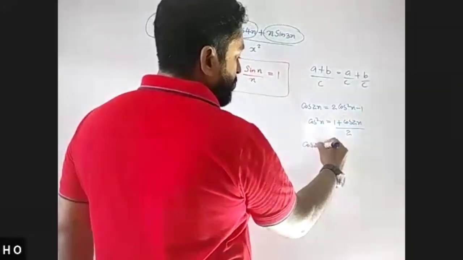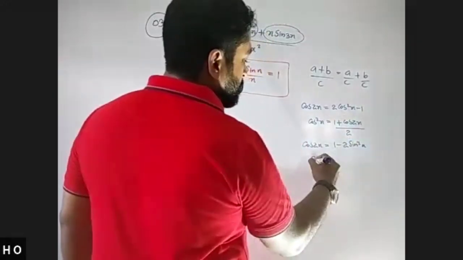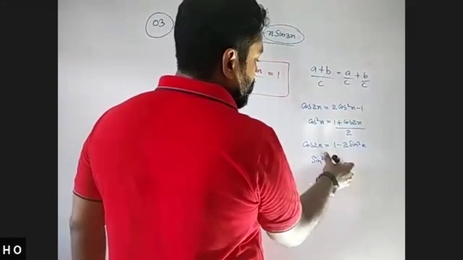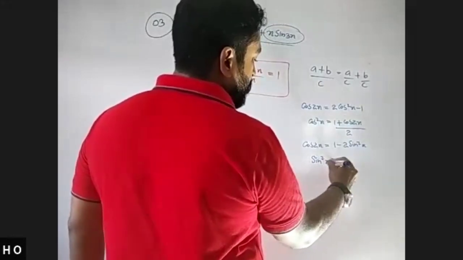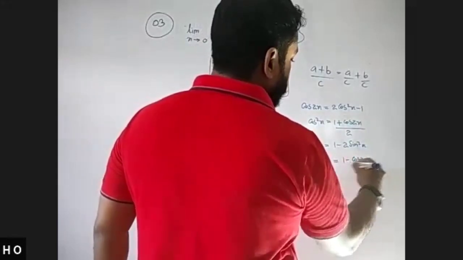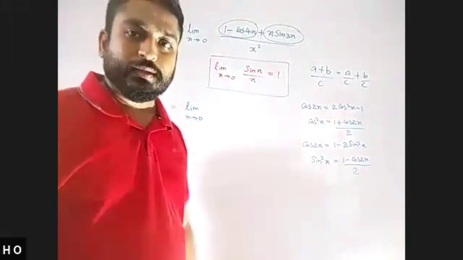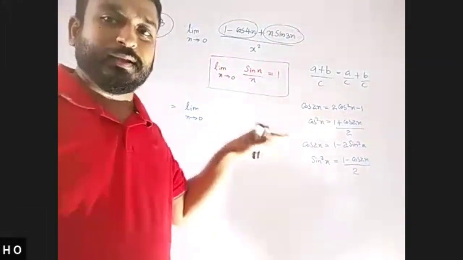At the same time, cos 2x is 1 minus 2 sin squared x. So what about sin squared x? Sin squared x equals 1 minus cos 2x over 2. Clear?